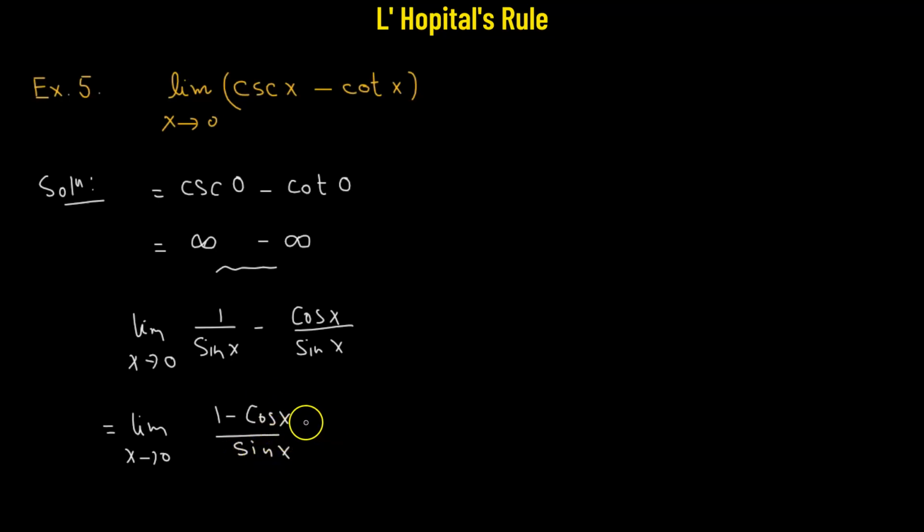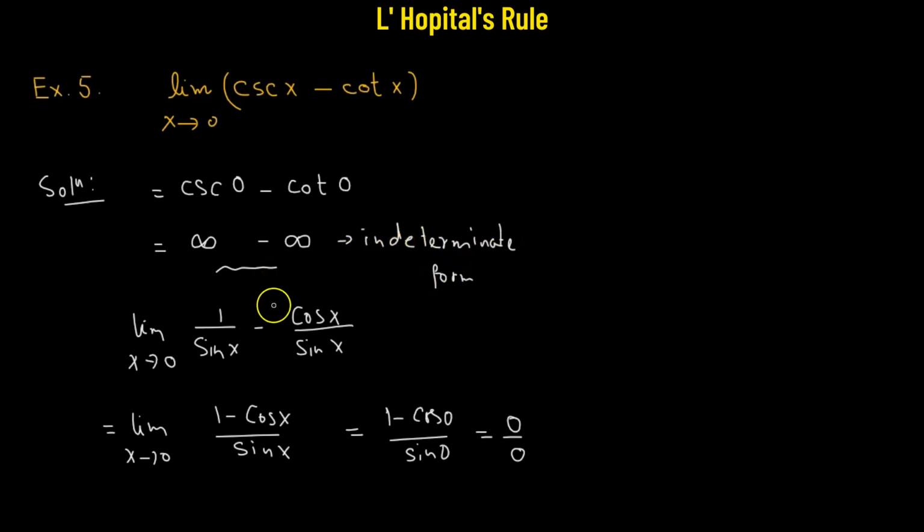Now when we substitute x with 0, we have 1 minus cosine of 0 divided by sine 0. Cosine of 0 is 1 and sine 0 is 0. So that means we have 1 minus 1, which is 0, divided by 0. So this is an indeterminate form. Actually, infinity minus infinity is also referred to as an indeterminate form, but we wanted to make it look more obvious, the 0 over 0 form. So that's why we had to do a little bit of manipulation here.